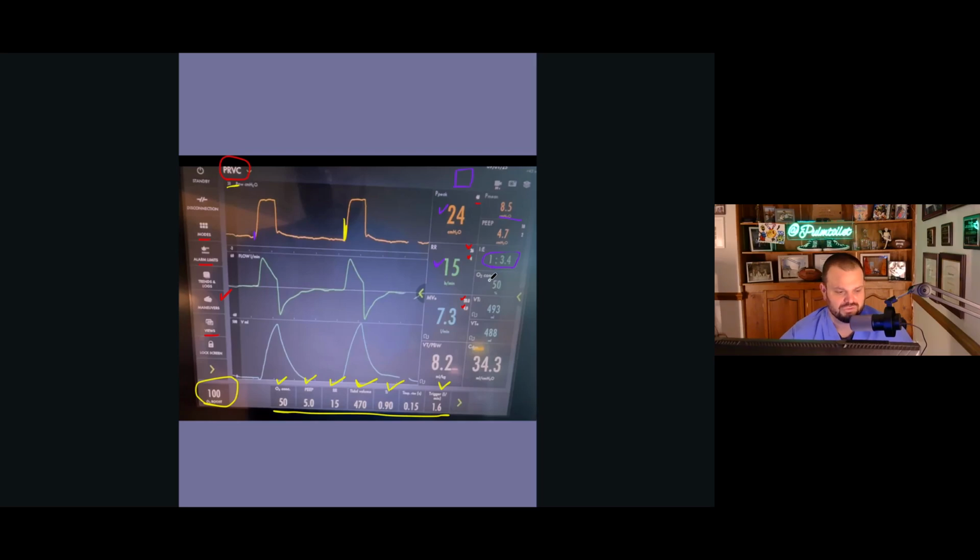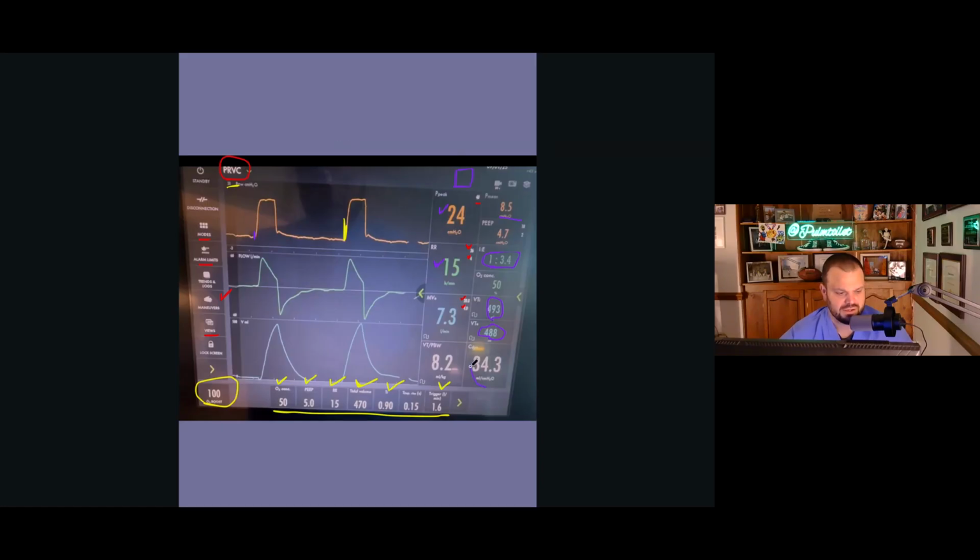Your oxygen concentration is here, and then the last three things which are important: what is your total volume in, so your inhaled volume, and then your exhaled volume, because remember, these things should be the same. And in PRVC, they should be whatever we set, so it should really be somewhere closer to 470 in, 470 out. This was with a test lung, so it wasn't like a real patient, so that's probably why it's a little bit different.